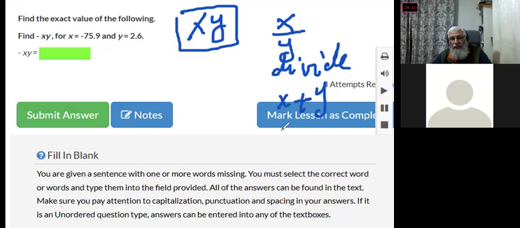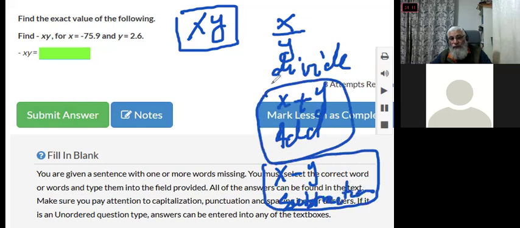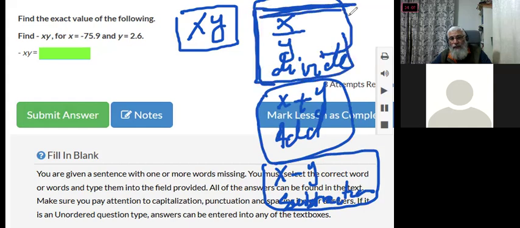X plus y is addition. X minus y is subtraction. So xy is what?